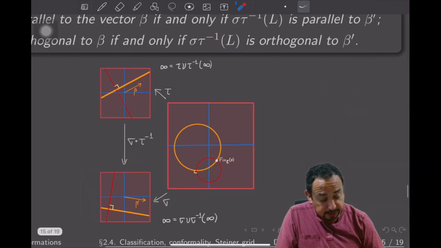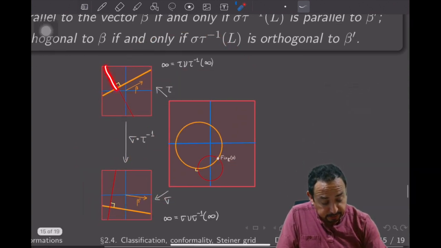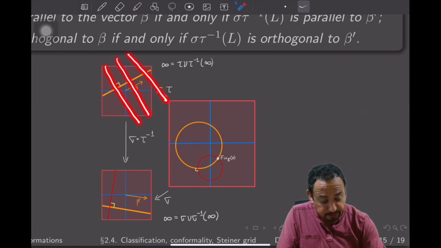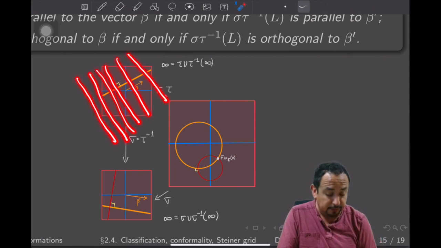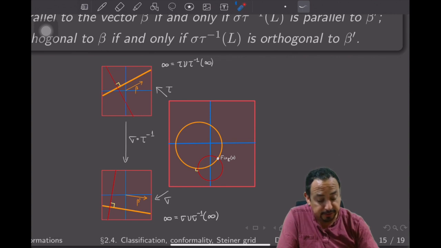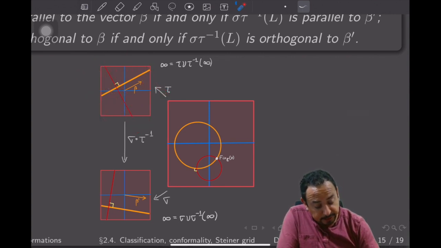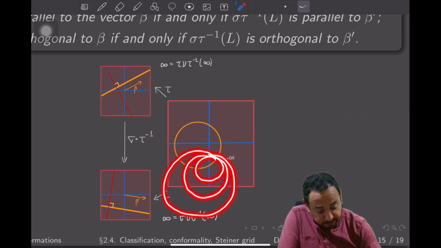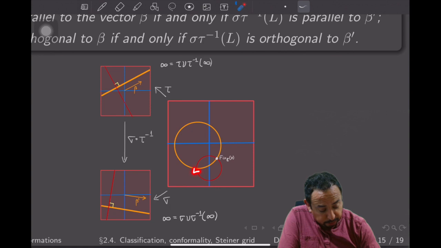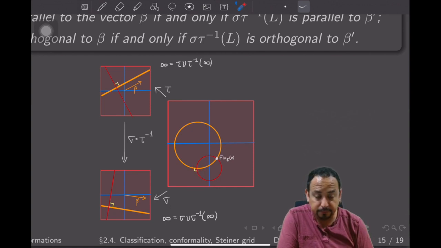Right? And when I consider the orthogonal family of straight lines, which are again circles that pass through infinity, here I should have another family, whose members are again all tangent to each other at the fixed point, and they have to be orthogonal to the members of the first family.